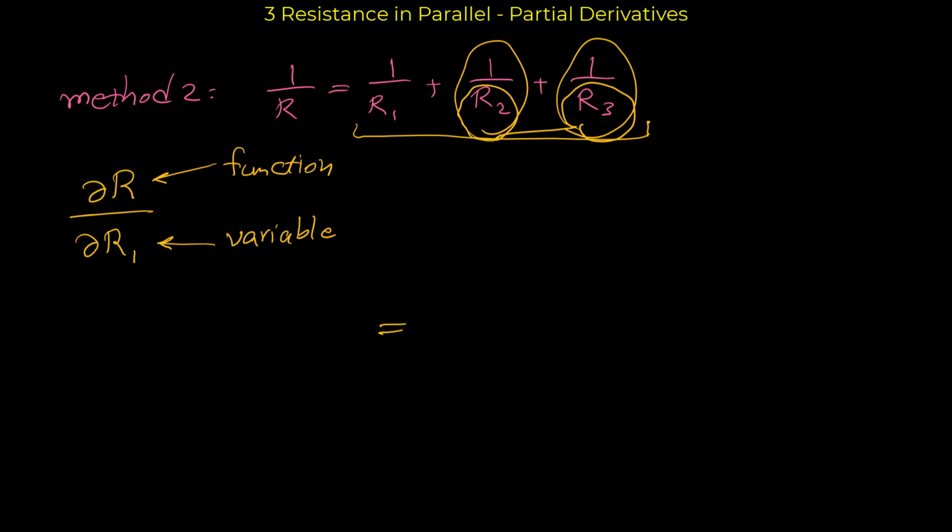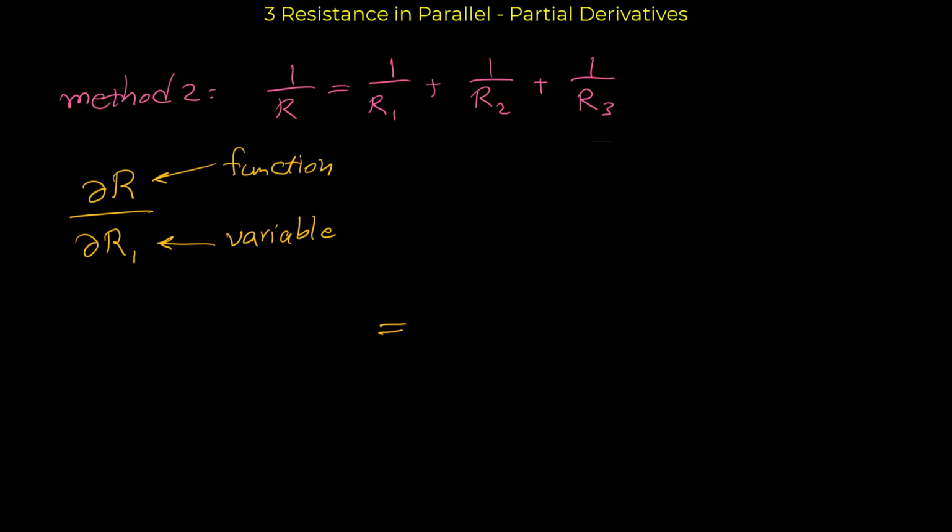So their derivatives are going to be 0. So we only have to take derivative of this part with respect to r1. And derivative of 1 over r1 is like 1 over x. You know that its derivative is negative 1 over r1 to the 2. So derivative of the other terms is going to be 0.